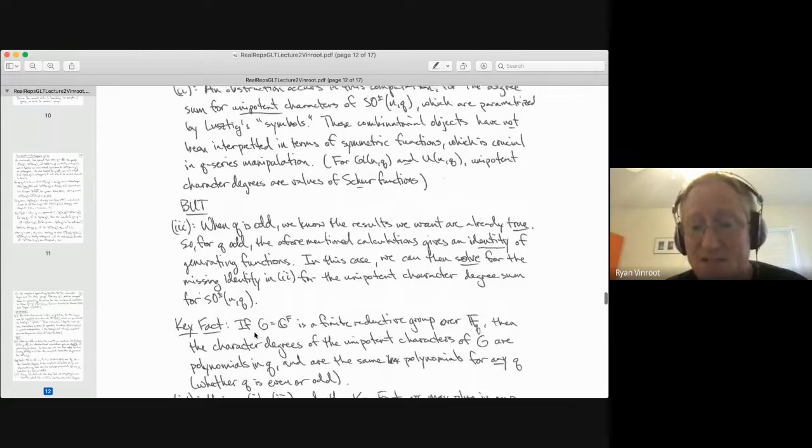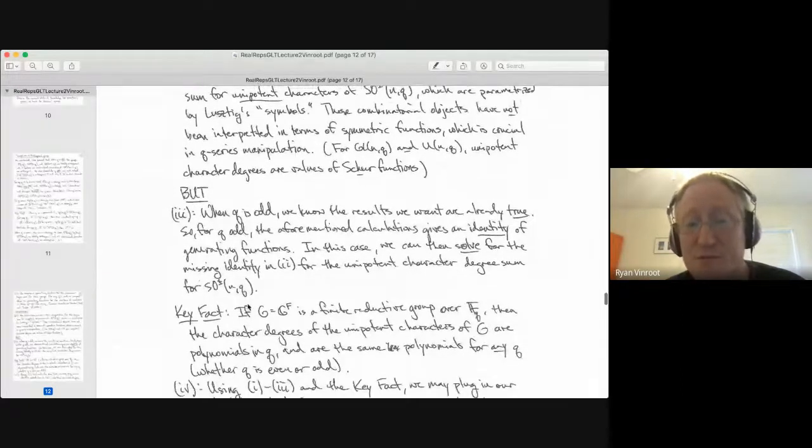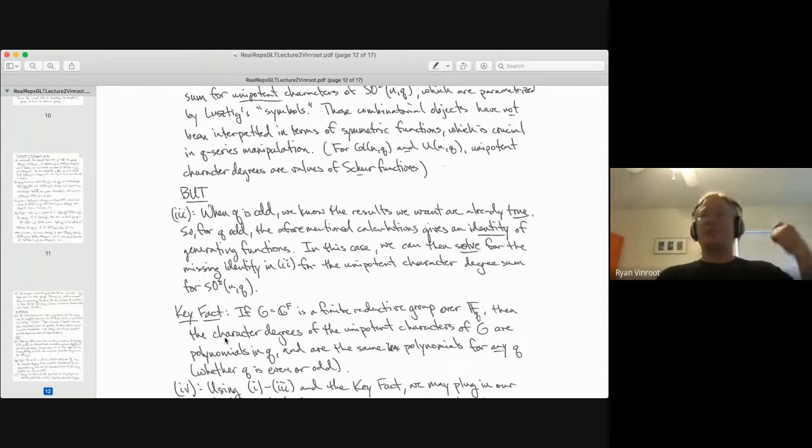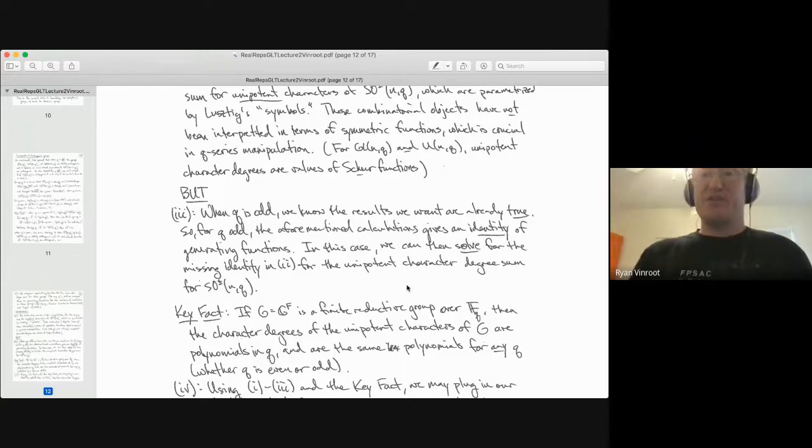And here's a key fact that I mentioned last time, which follows from Lusztig's work. If you have a finite reductive group over a finite field of Q elements, and you look at the character degrees of the unipotents, those are polynomials in Q which do not change when you change Q. So you parameterize the unipotent characters, and based on each unipotent, you have a character degree which is a polynomial in Q, invariant when you change Q. In other words, the sum of unipotent character degrees is invariant whether Q is even or odd.